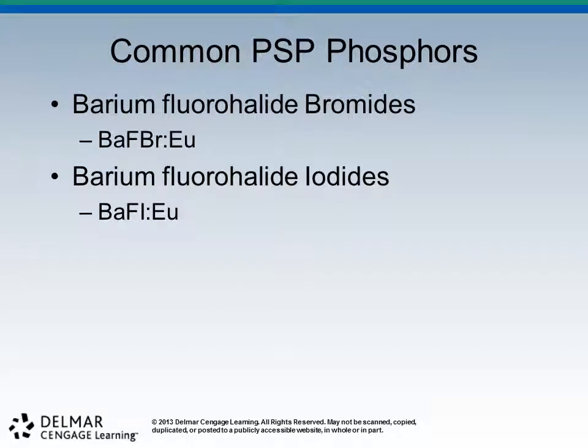The phosphors that they use, I think Dively asked about this the other day, are barium fluorohalide, either bromides or iodides. You see how they're placed in there. Europium activated, that's the Eu back here. Europium activated barium fluorohalide in a bromide suspension, or europium activated barium fluoroiodide. Not a solution, but a suspension, really.